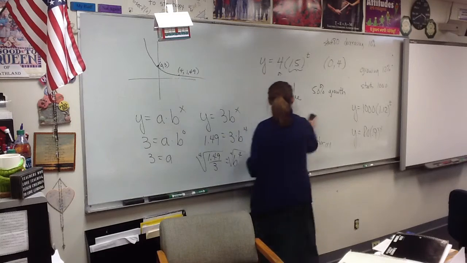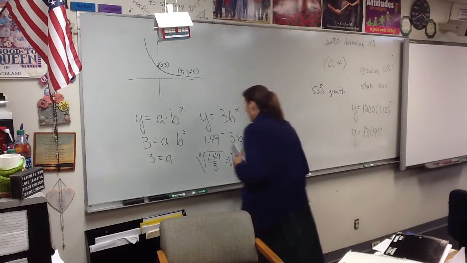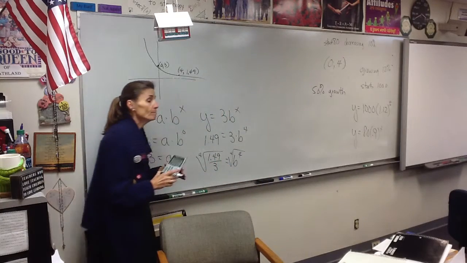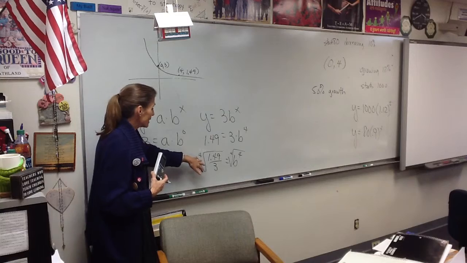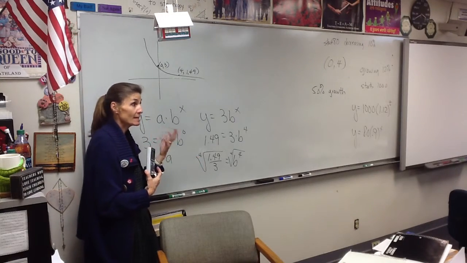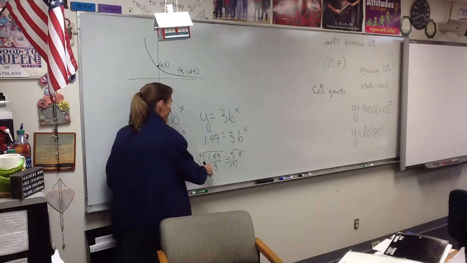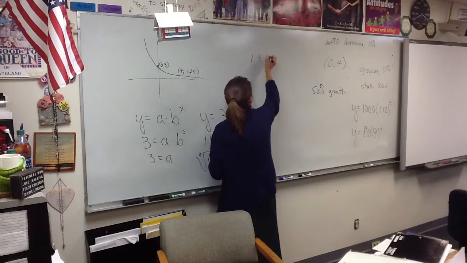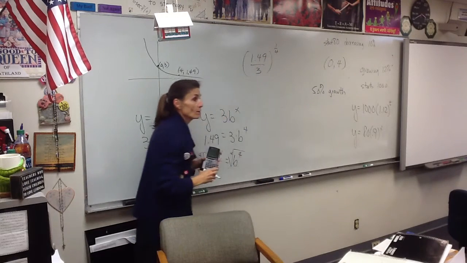Now, I've got a couple of options when I put this in my calculator. My favorite option, because it's just easier for me, is I don't have an actual button that says 4th root. I can get to the 4th root in my math menu, but I prefer to think about that as being raised to the 1/4 power.